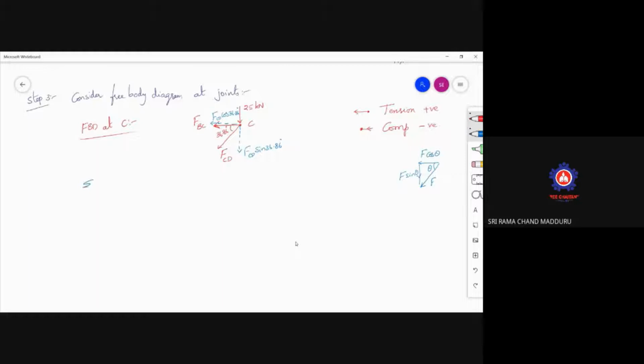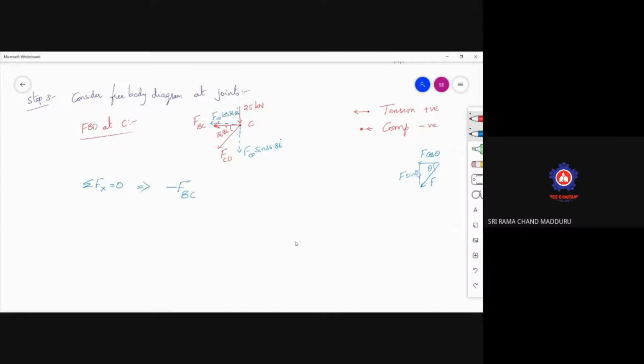So sigma Fx equal to 0, the summation of the forces along the x direction. The value is minus FBC. Why am I writing minus? Left side is considered negative, right side is considered positive.